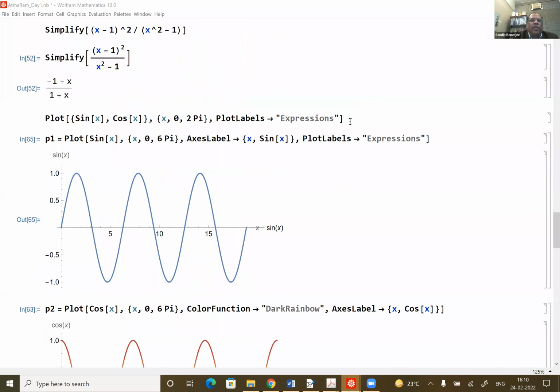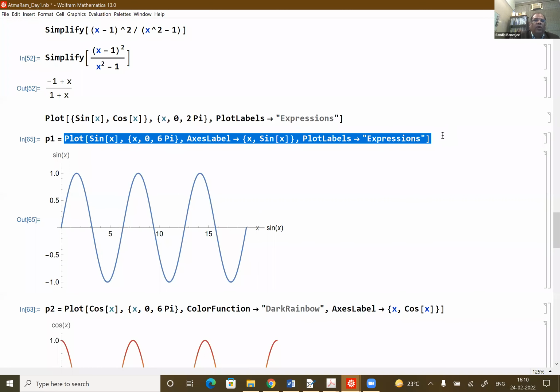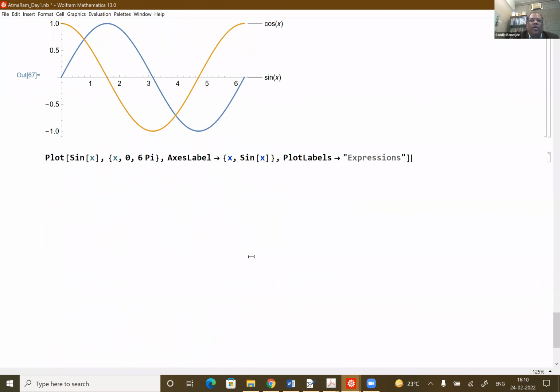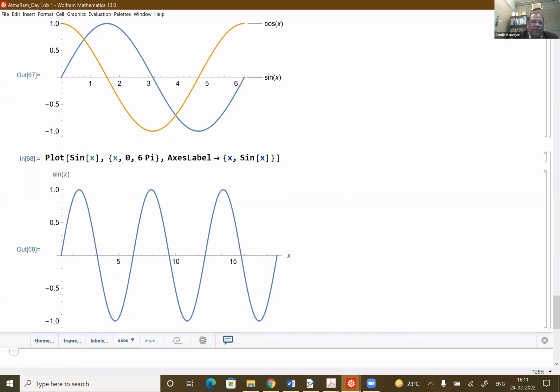So often we like to see how your graph behaves. This is a very important command in Mathematica. So I am plotting sine x. Now I want to see how this graph behaves if I introduce a parameter.